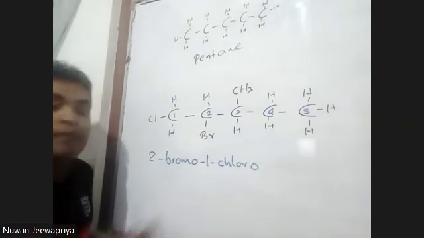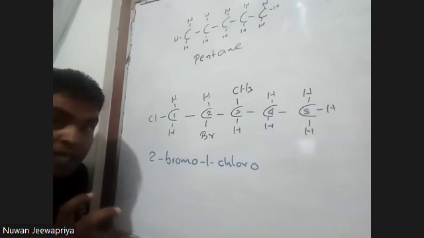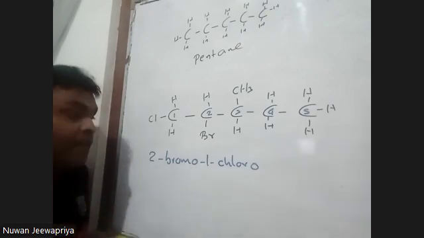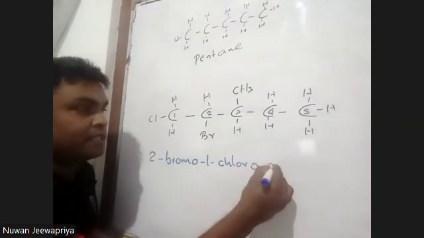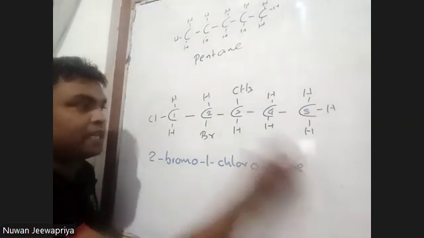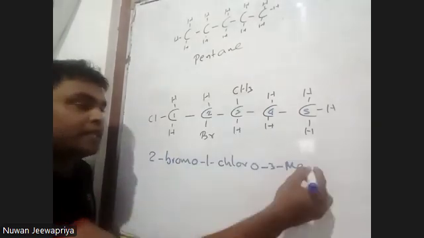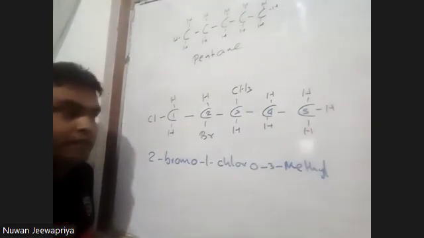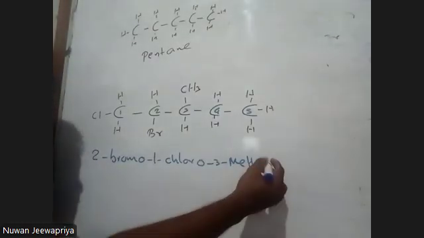See the alphabetical order: B first, next the C. And the next, dash 3 dash methyl. The third carbon has methyl, 3 methyl.